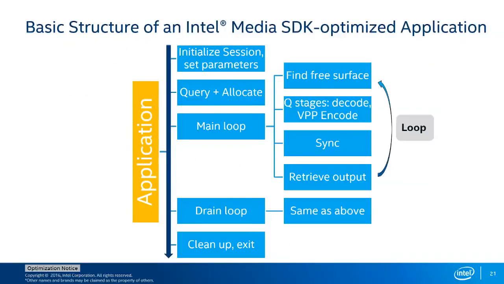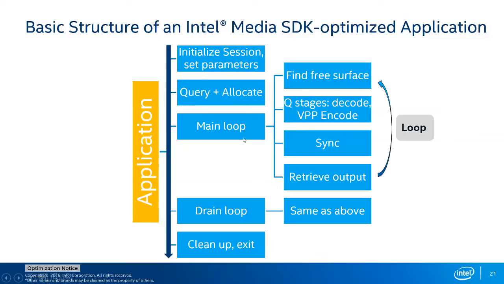So just wanted to quickly point out the basic structure of a Media SDK optimized application. Kind of like the slide before, one of the big first steps is to initialize a session. Then you do some queries based on those parameters, and actually allocate your surfaces.